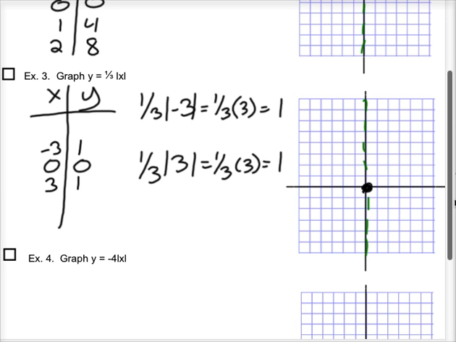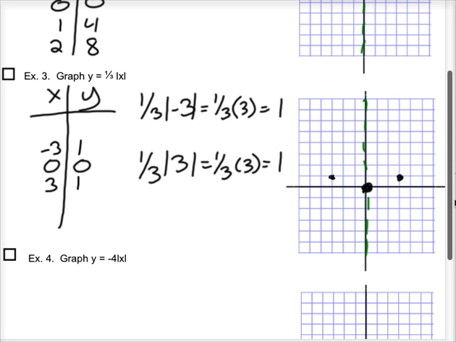So I want you to notice it took stretching out to that -3 and 3 so we could get a whole number y value. So again, you don't have to do that. You could have continued our x's just like we were before, but to make this convenient to graph, I'm going to choose numbers that give me integers when I have to multiply by 1/3.